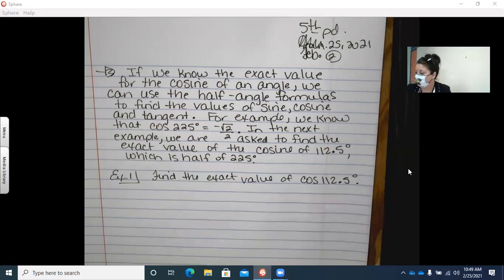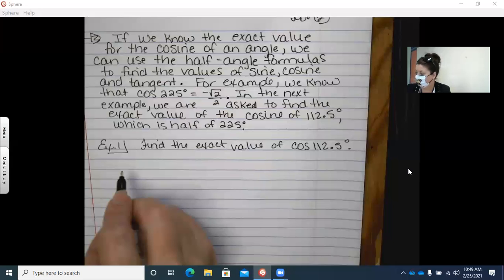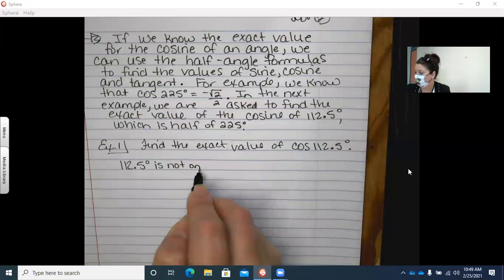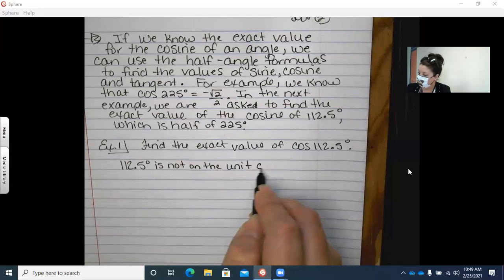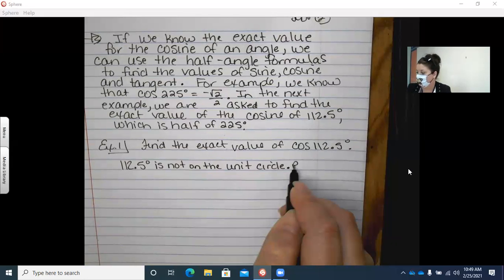Okay, so 112.5 degrees is not on a unit circle. But if we double it, we get 225 degrees, which is on a unit circle.